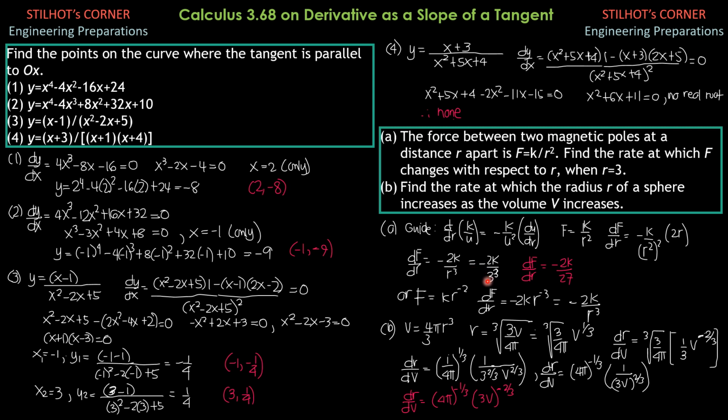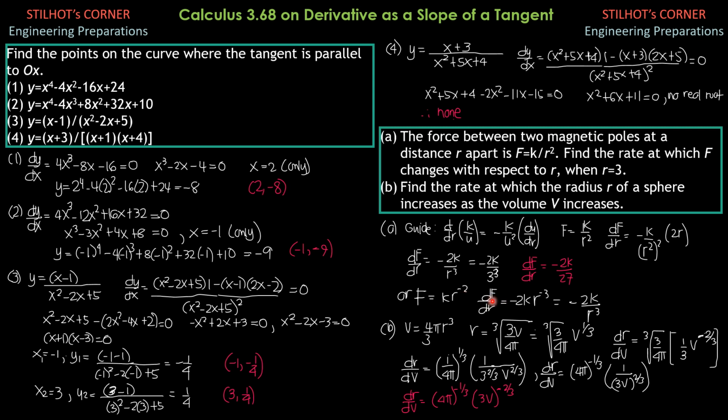Substituting r equal to 3, negative 2k over 3 cubed, so we have dF dr equal to negative 2k over 27. So that's the rate at which F changes with respect to r. The other solution, which is simpler, is to transform F equals k over r squared into the form k r to the negative 2, then apply the power formula.